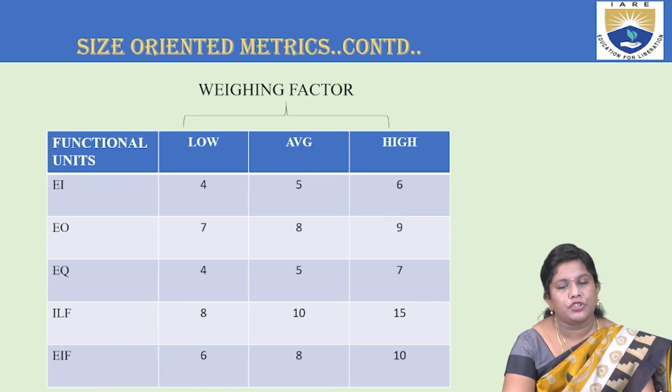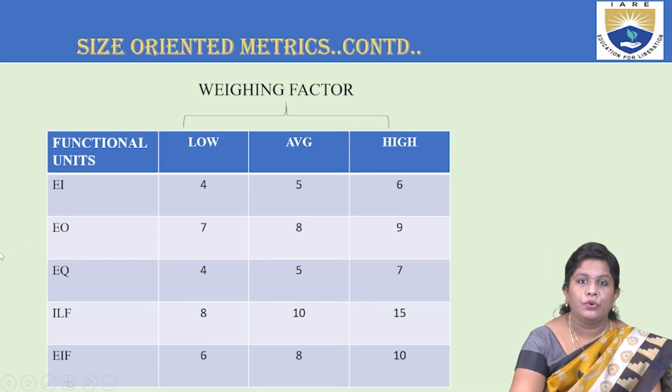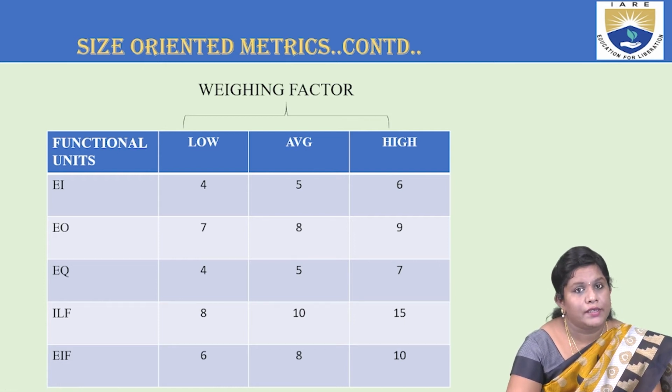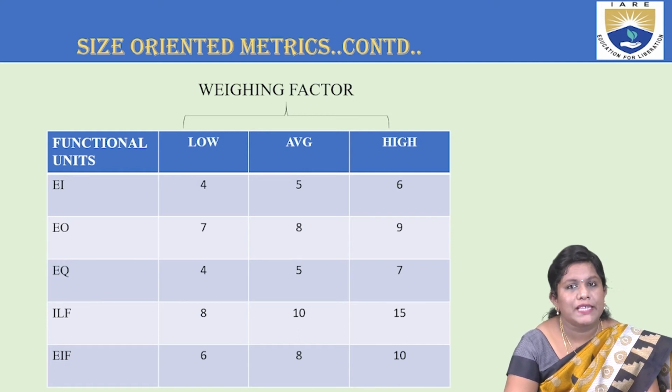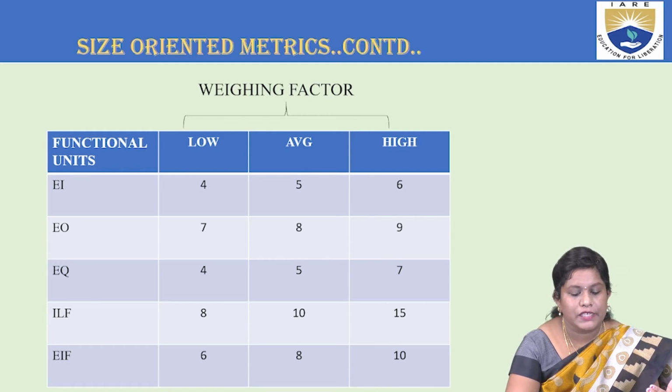So all these functional units, we have seen a diagrammatic view of how they exist in real world applications. Right? Now, I have specified some values relating to all these 5 functional units.